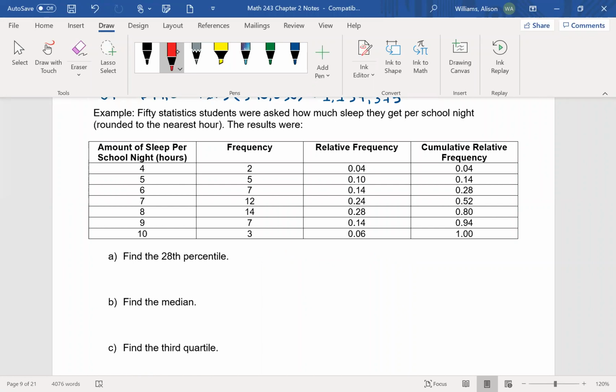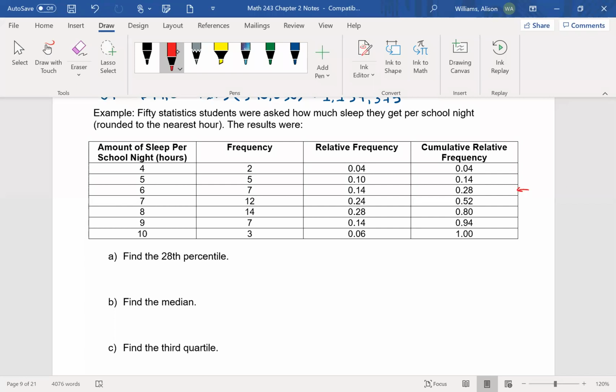Okay. So they want me to find the 28th percentile. Well, I look over here in the cumulative relative frequency and I see that 28% of the data is 6 hours of sleep or less. So for the 28th percentile, remember the percentile could be that number or less than that number, okay? So it could be the value of that number.